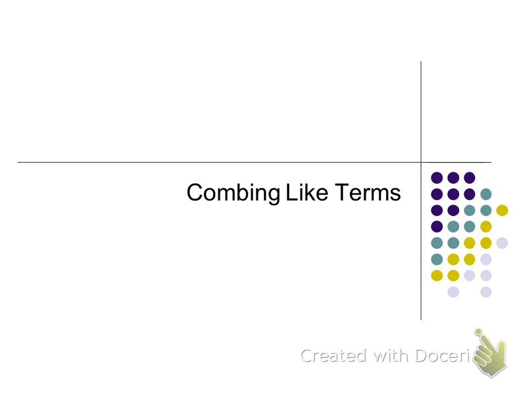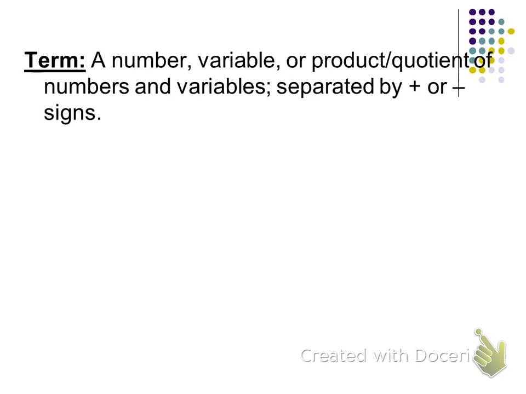All right, next we're going to look at something called combining like terms. So everybody see where we are in the notes? Combining like terms? About halfway down the page. So a term is a number, variable, or product or quotient of numbers and variables separated by plus and minus signs.